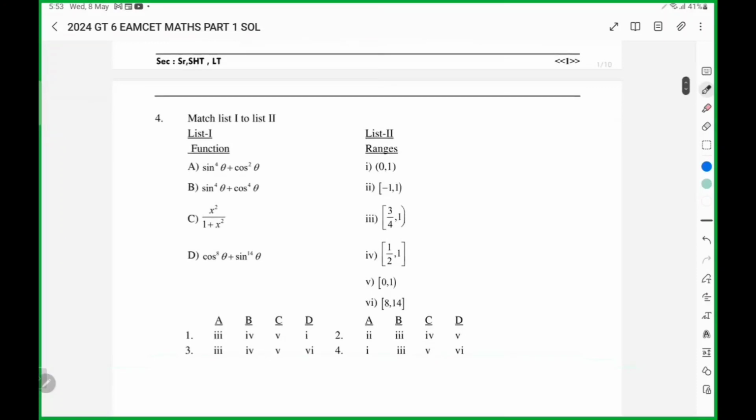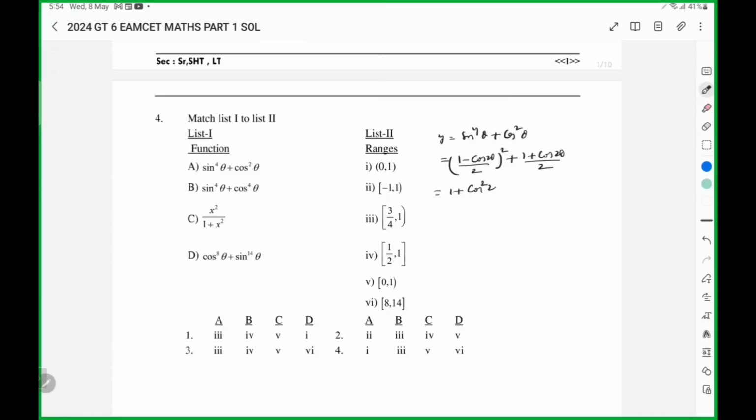Here, why, if you take sine power 4 theta plus cos square theta, sine square theta we can write as 1 minus cos 2 theta by 2 whole square, cos square theta is 1 plus cos 2 theta by 2.